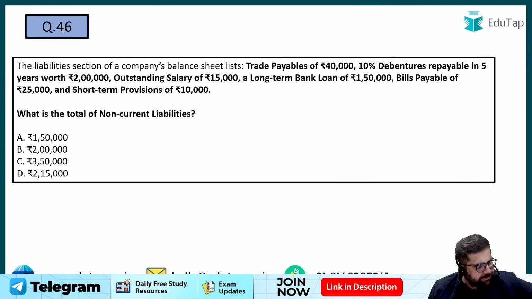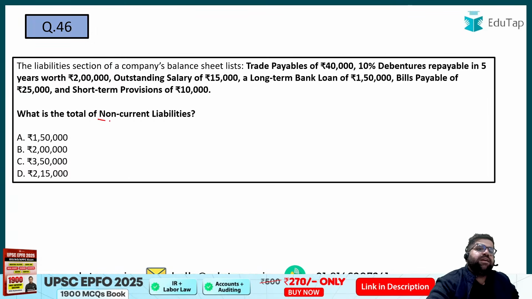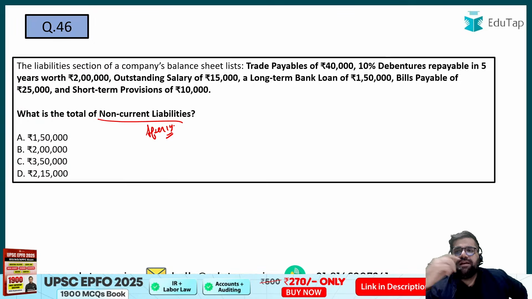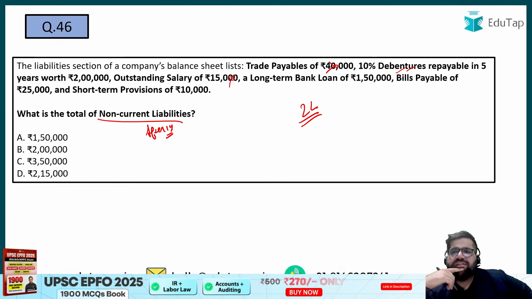B, C. Some people are saying B, some are saying C. Non-current liability is that particular liability which you will pay after 1 year. Now you solve. Trade payable is a current liability, so this will not be taken. Debentures will be taken, so debenture is 2 lakhs. Outstanding salary is again current liability, I will not take.